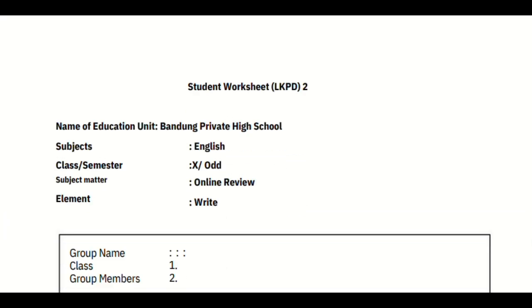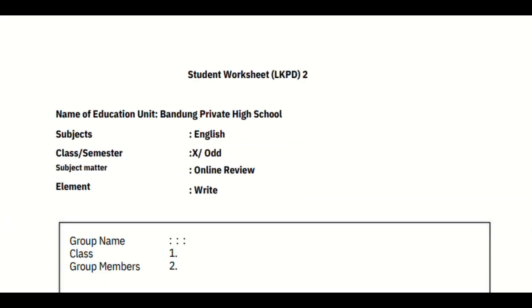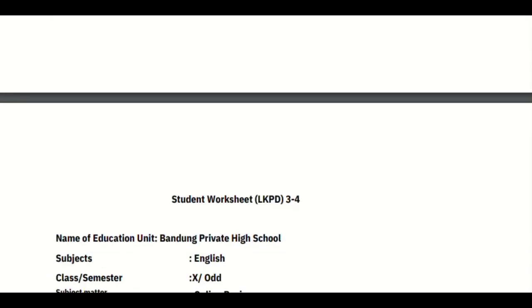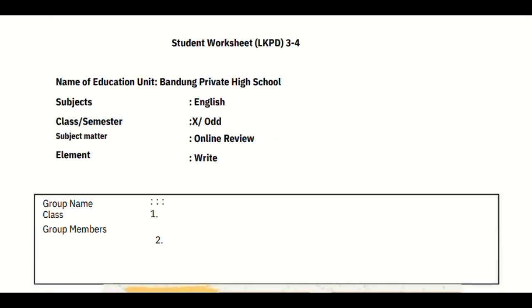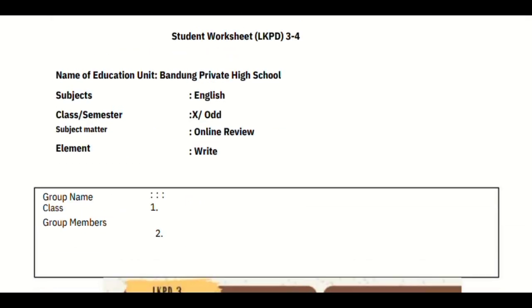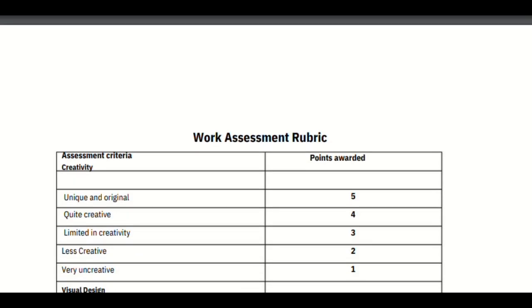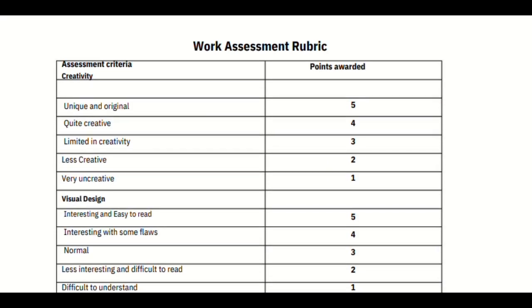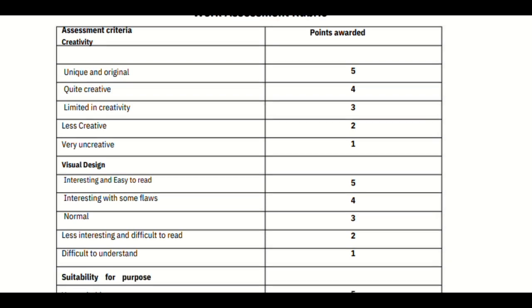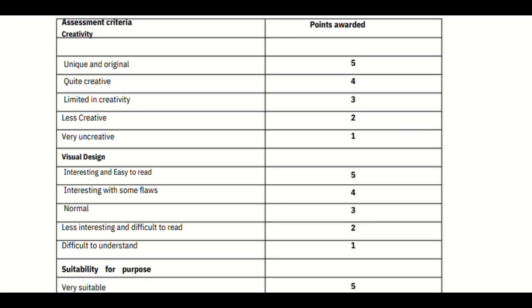And then student worksheet LKPD 2, LKPD 3 to 4, and then work assessment rubric. Assessment criteria creativity: unique and original, quite creative, limited in creativity, less creative, very uncreative.